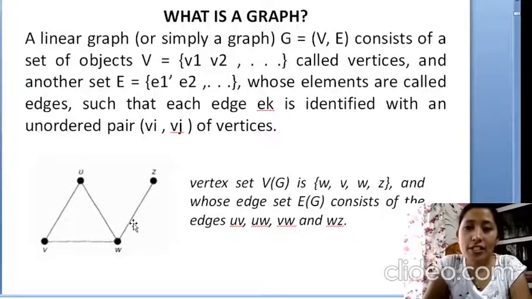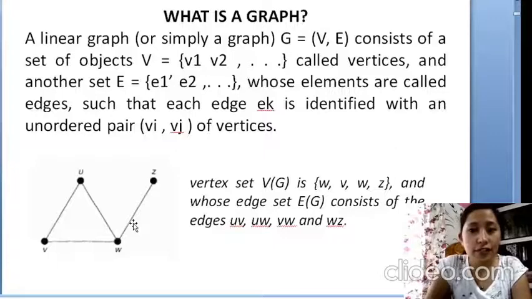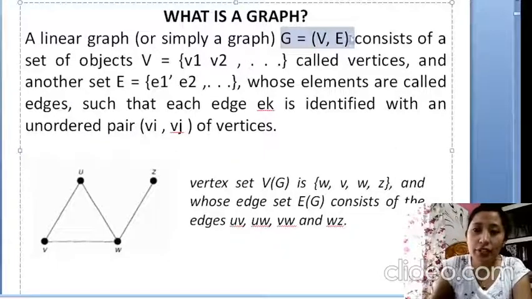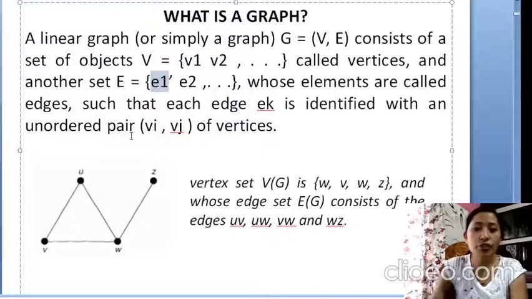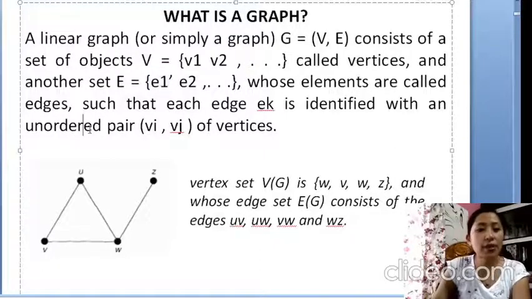Mathematically, a graph is defined as a collection of two sets, that is a set of vertices and a set of edges. So a graph is nothing but the collection of V and E, where V is the set of vertices and E is the set of edges. If it is an undirected graph, then each edge can be represented by a pair of two end vertices which can be unordered.